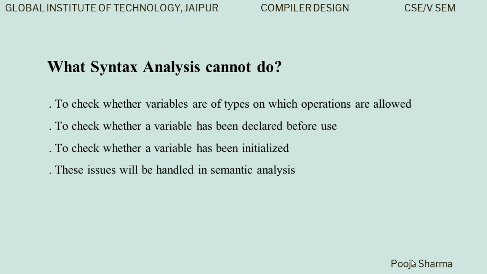Hence, it is beyond the capabilities of the syntax analysis phase to settle issues like whether or not a variable has already been declared, whether or not a variable has been initialized before use, or whether or not a variable is of the type on which the operation is allowed. All such issues are handled in the semantic analysis phase.